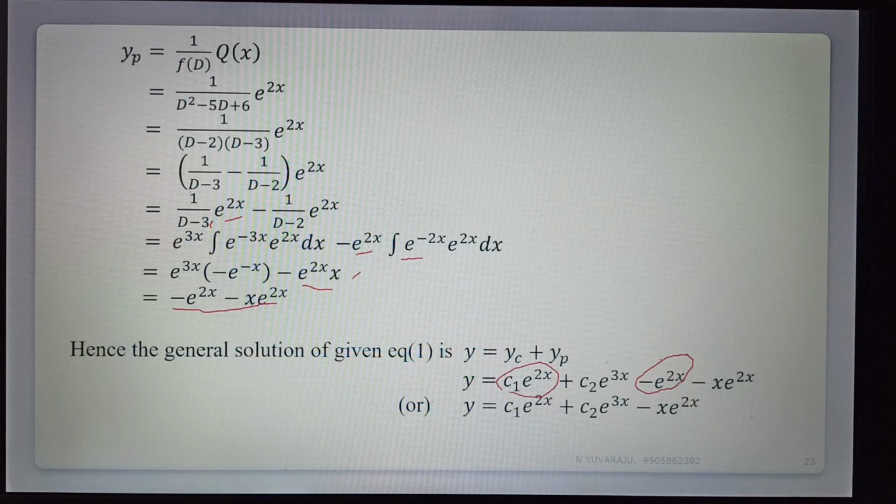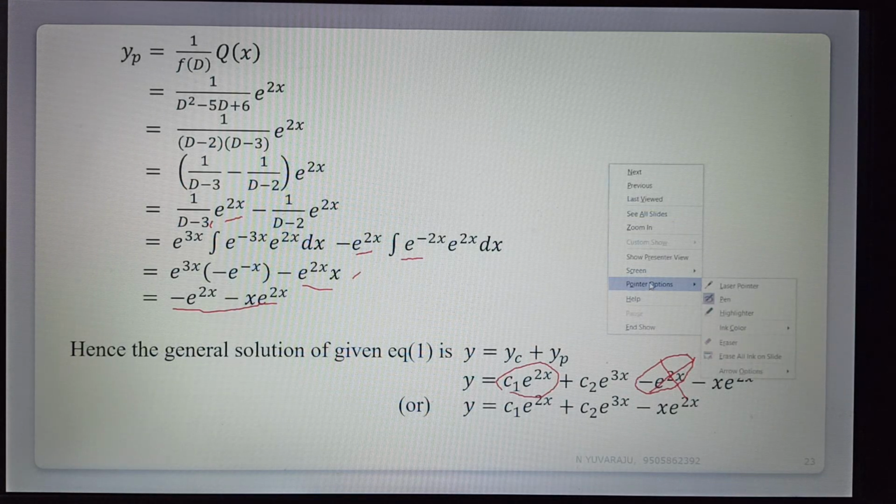So this is also eliminated. So we get the solution c1 into e power 2x plus c2 into e power 3x minus x into e power 2x. That is, in yc and yp if there are common terms, the same terms, if two terms are the same, then one term is eliminated, that is deleted in yp.